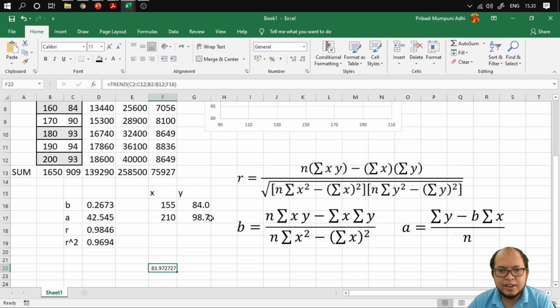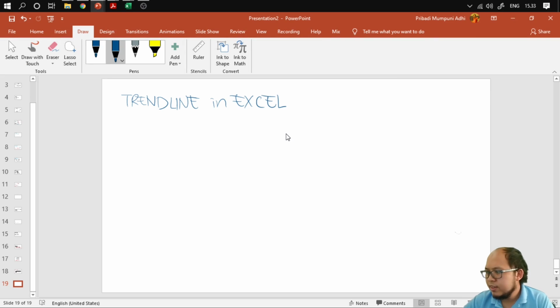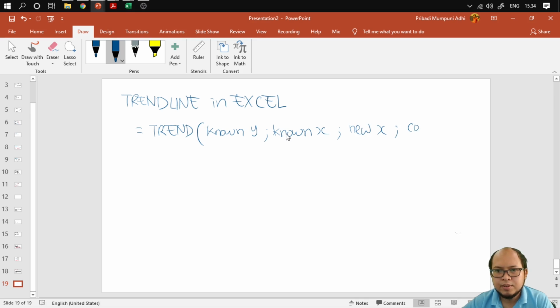So if we want to find the y value, we can use the trend. The trend line is equal to trend, and find the known y, known x, new x, and constant.